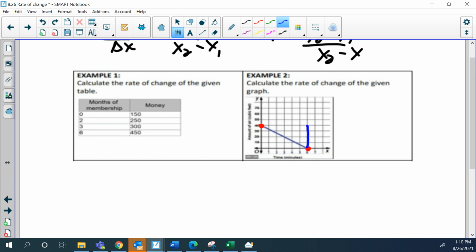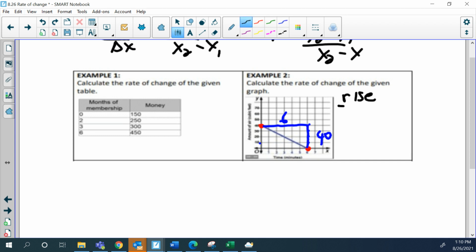Now I've got to be careful. Each unit is increasing by 10, so actually it's 10, 20, 30, 40. Got to be very careful on that. And then I'm going to run 1, 2, 3, 4, 5, 6. So this is 6, and this is 40. My rise is 40.